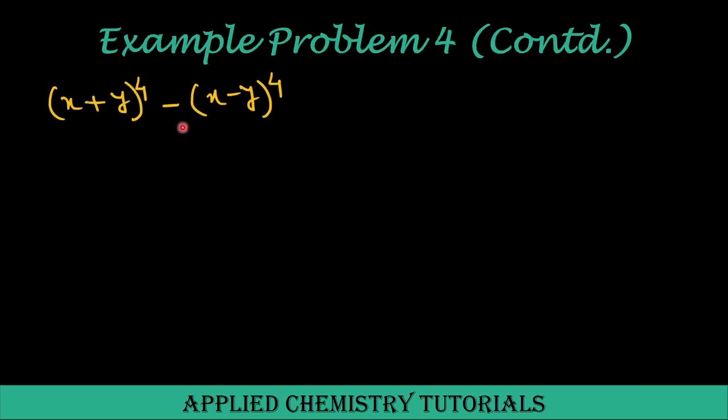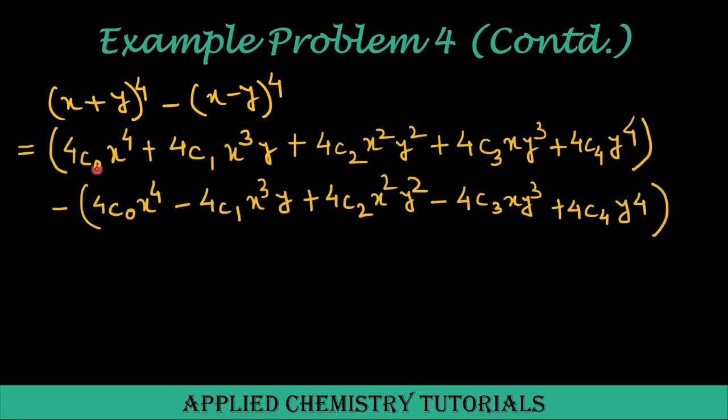So now we can go back to the problem statement, that is (x + y)^4 - (x - y)^4, and after using the binomial theorem we can rewrite it. (x + y)^4 will become 4C0 x^4 + 4C1 x^3 y + 4C2 x^2 y^2 + 4C3 x y^3 + 4C4 y^4.